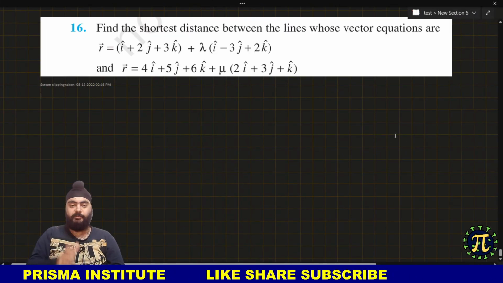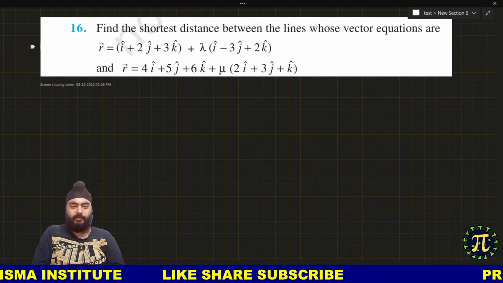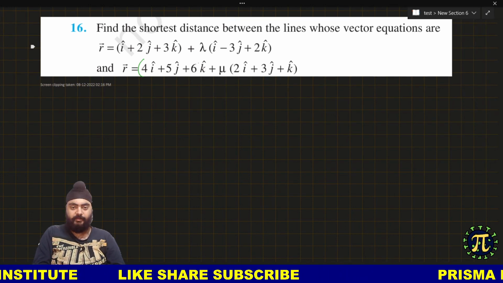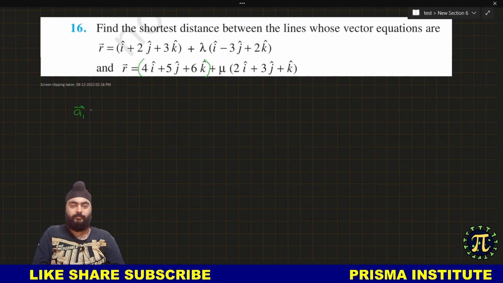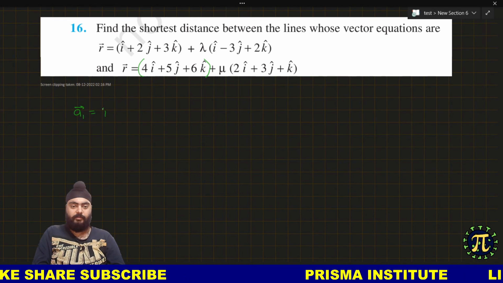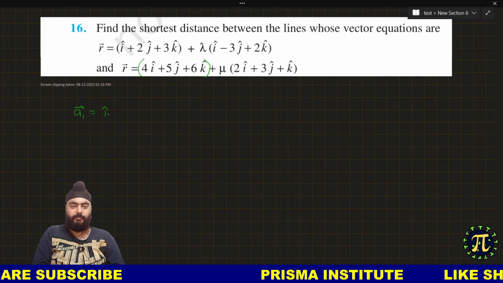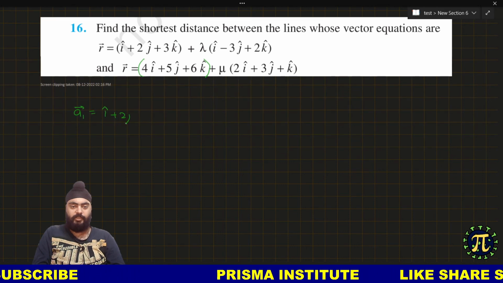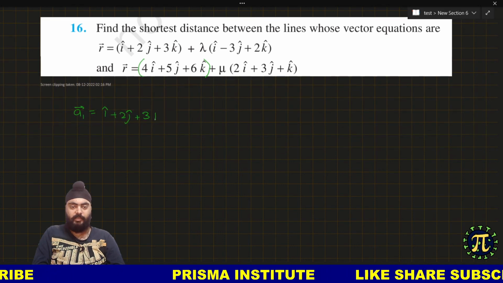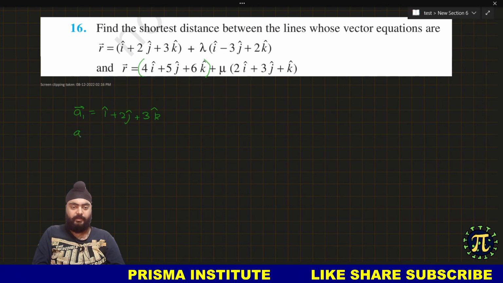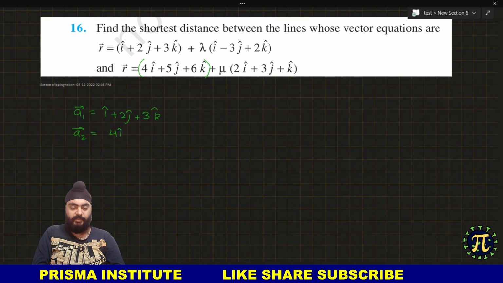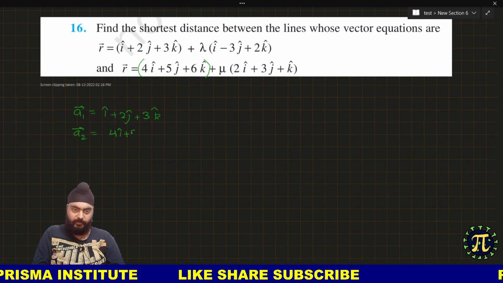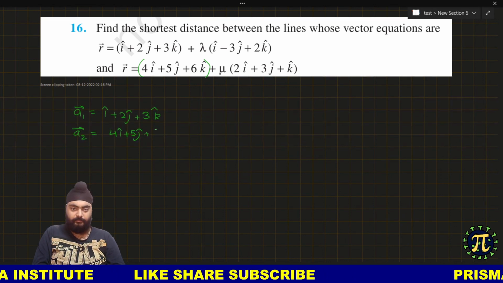तो ये दो lines given है. So if I put a bracket here, you can note down a1 vector कितना है वो, i cap plus 2j cap plus 3k cap. I can find now a2 vector, which is 4i plus 5j plus 6k.